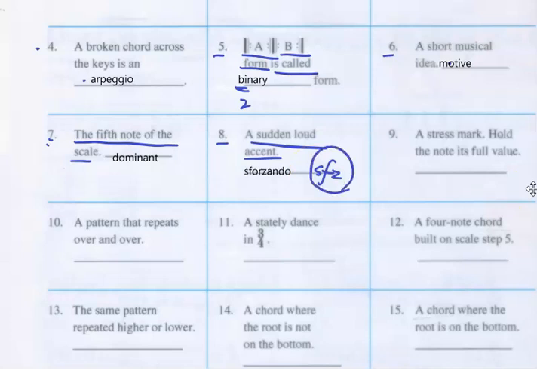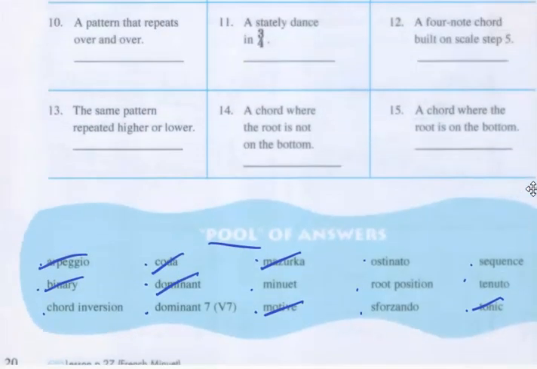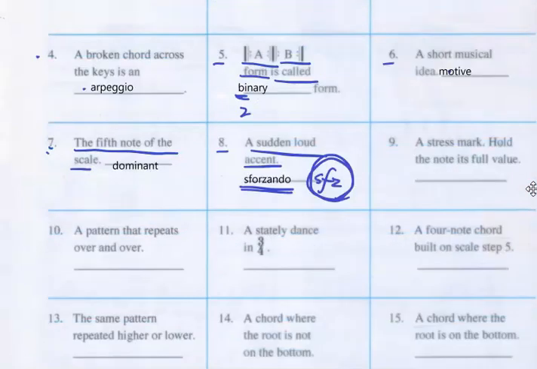This is a more common expression of sforzando. You'll not see the full spelling of this term, but you'll see a lot of this in real music. So sforzando is here.